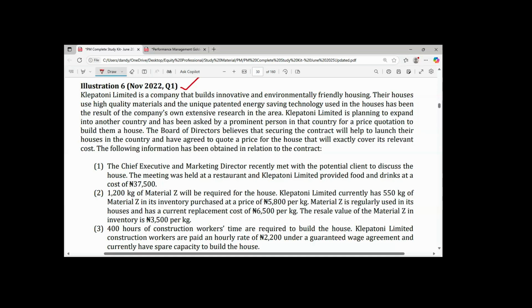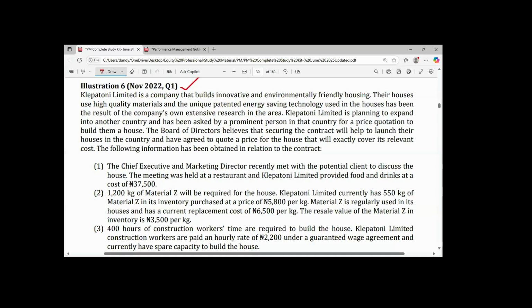Clepatoni Limited is planning to expand into another country and has been asked by a prominent person in that country for a price quotation to build them a house. The board of directors believes that securing the contract will help to launch the houses in the country and have agreed to quote a price for the house that will exactly cover its relevant cost. The following information has been obtained in relation to the contract.